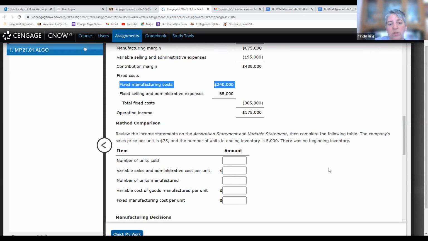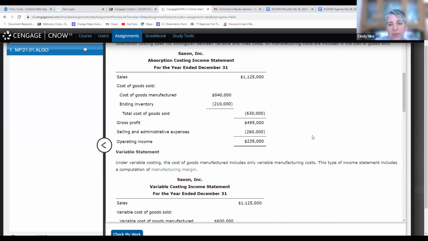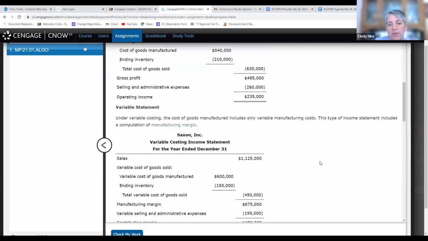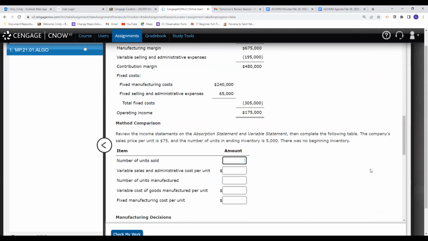So number of units sold. You'll notice that the sales on both are the same, $1,125,000. And we are told that the selling price is $75. So how would we determine the number of units sold? Go ahead.